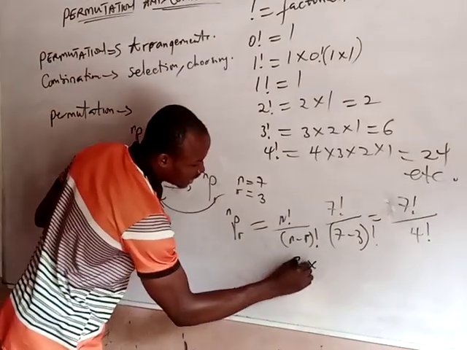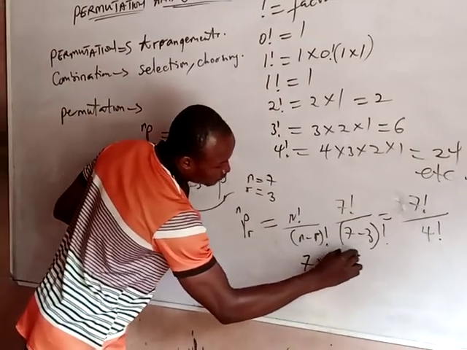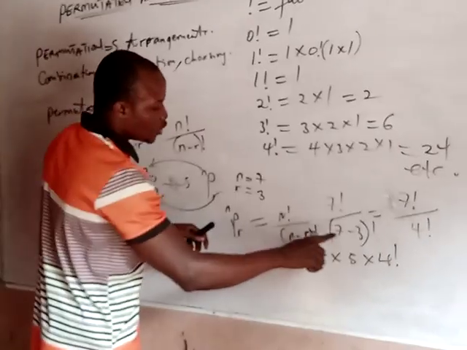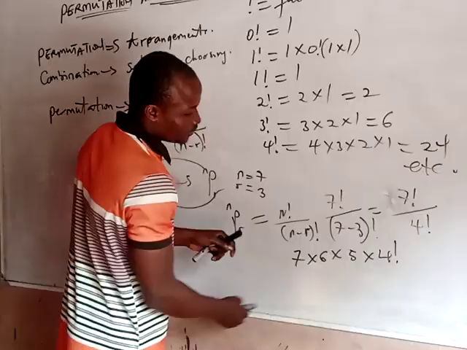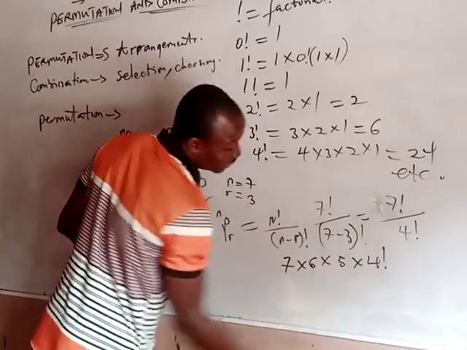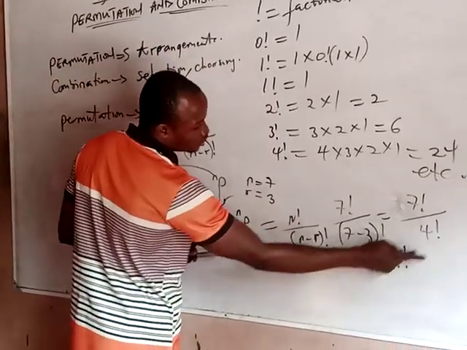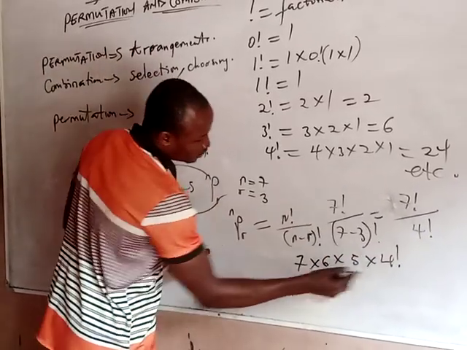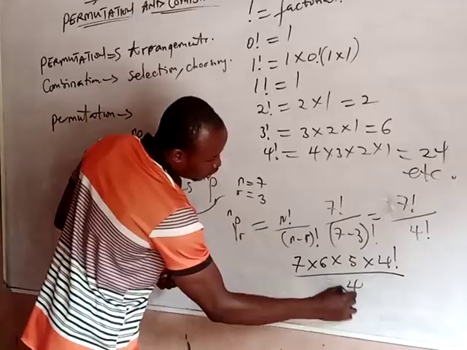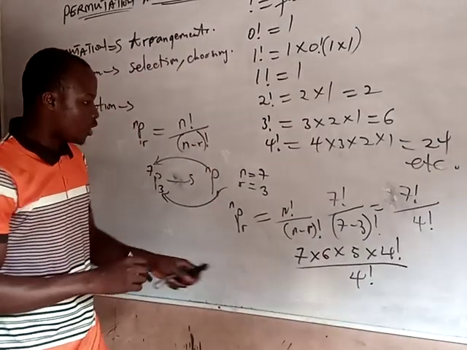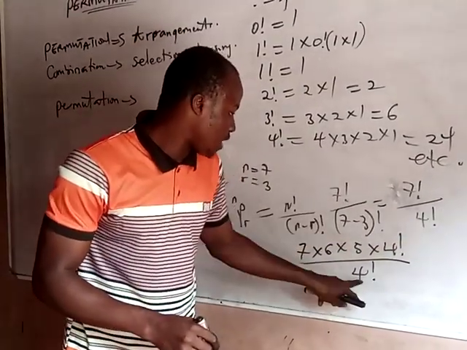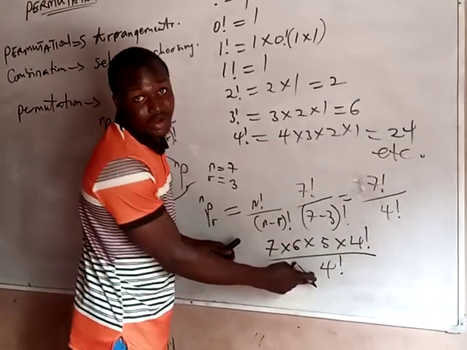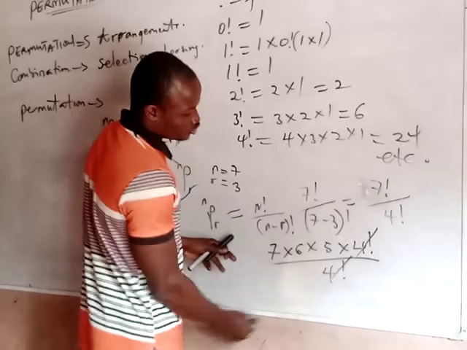Then you have 7 times 6 times 5 times 4 factorial, because 4 factorial means multiplying backward: 4, 3, 2, and 1. Then over 4 factorial. So this and this will be equal, so you cancel them.